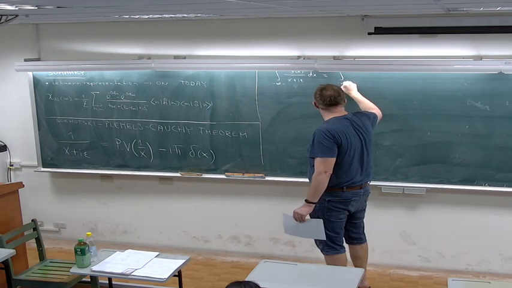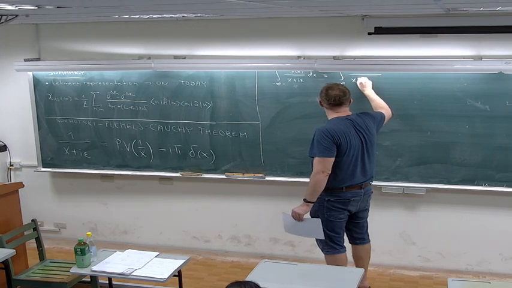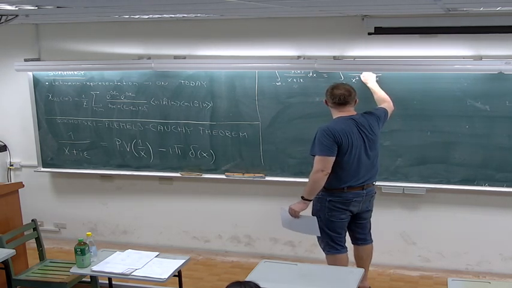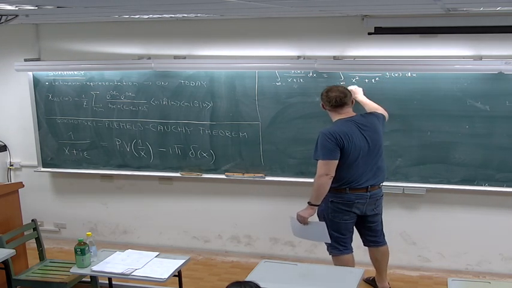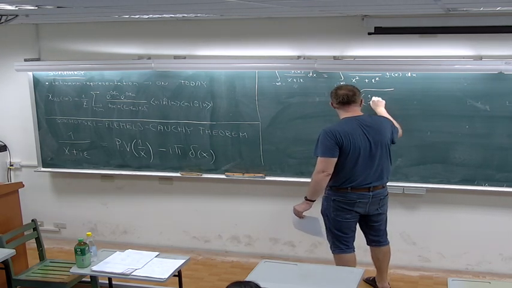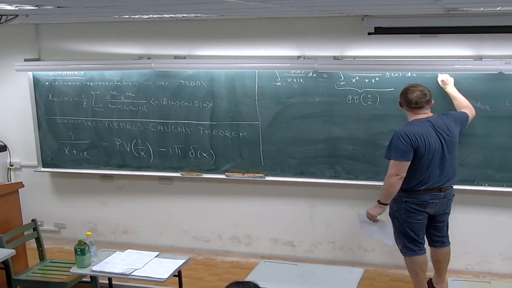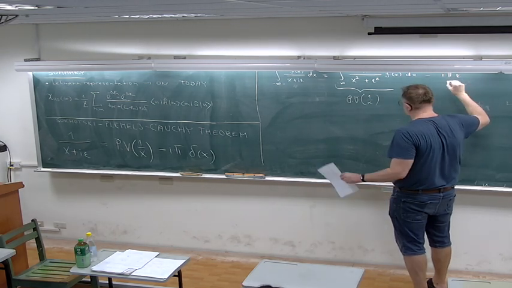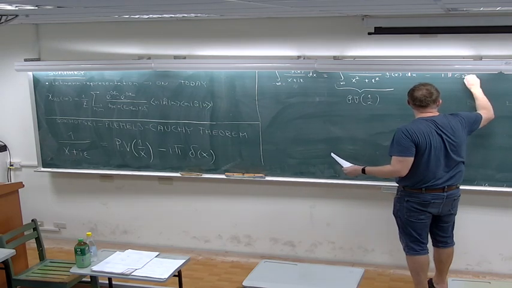You take the integral from minus infinity to infinity of x over x squared plus epsilon squared, times f(x) dx. This is the principal value of 1 over x. And then you get minus, and you get the integral, in principle, i pi, epsilon. Oh no, it's epsilon already in the limit, and this is the value of the function at point 0.